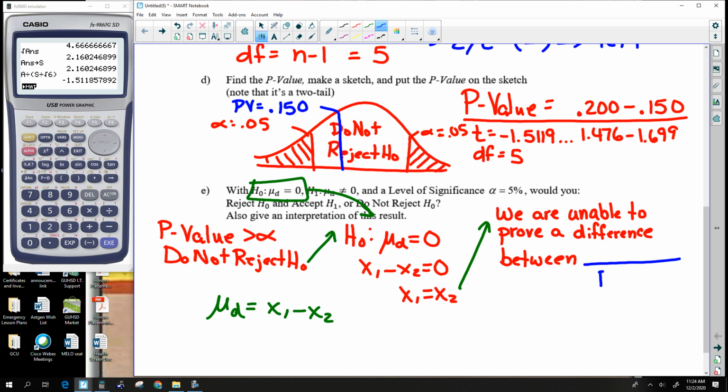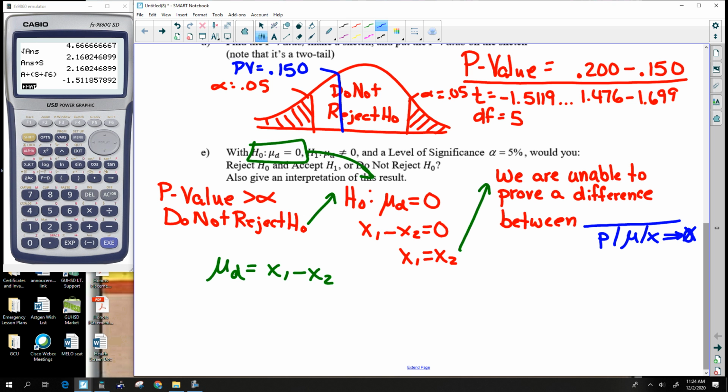It's either going to be P, mu, or an X. So you would say the probability or the average. In this case, when you have an X, you don't say anything specific; you leave that spot blank. If it's a probability, you have to say the probability. If it's the average, you have to say the average.